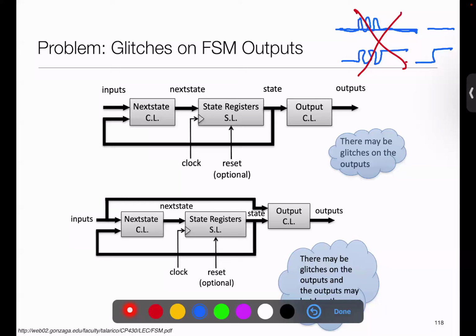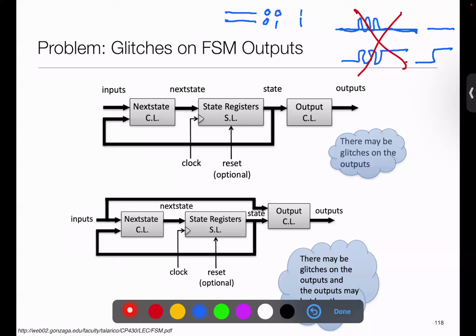The other kind of glitch is that if I have a multi-bit output, the 2 bits of the output may not change at the same time. Let's say I had 2 wires, and the old value on these wires was 0, 0, and the new value is going to be 1, 1. But because of differences in speed, it may be that one remains 0, the other becomes 1 first, and then 1, 1 comes.